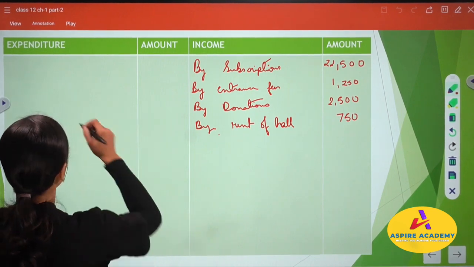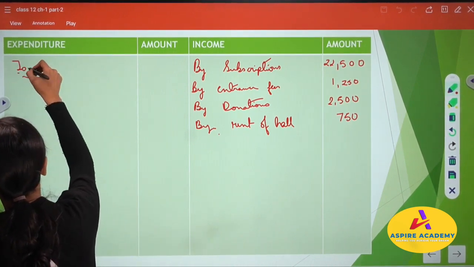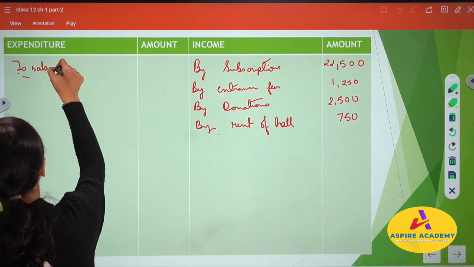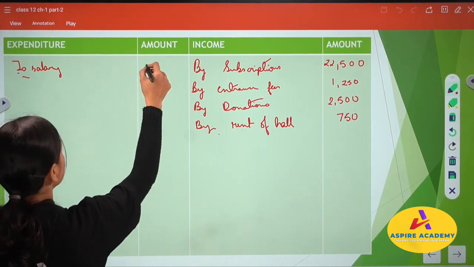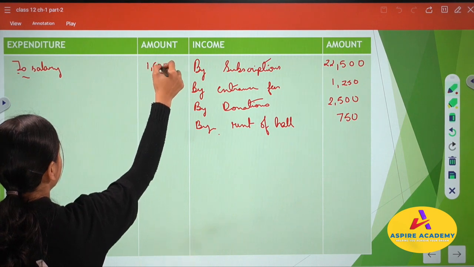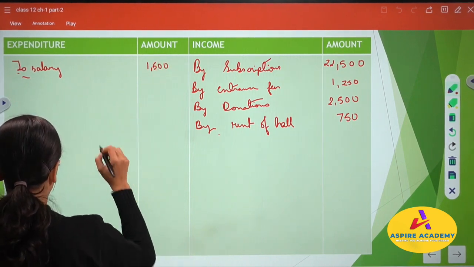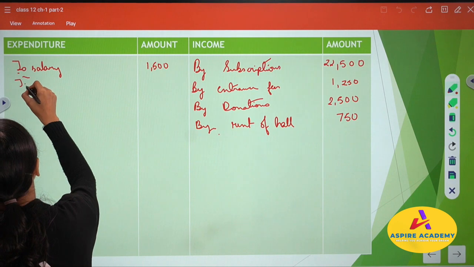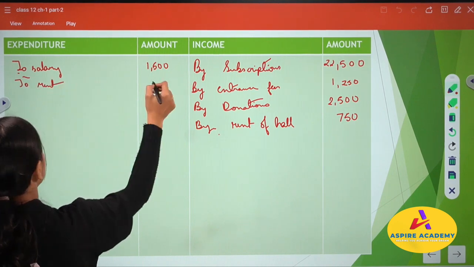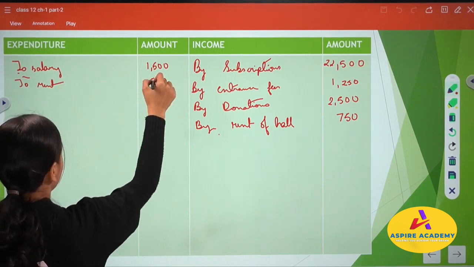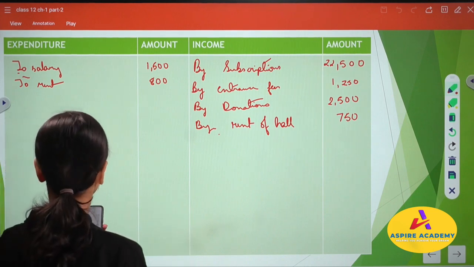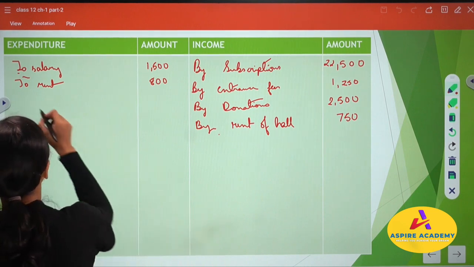In the payment side we have salary. So to salary, the amount is 1,500. Next is rent. To rent, 800. Next is electricity charges.